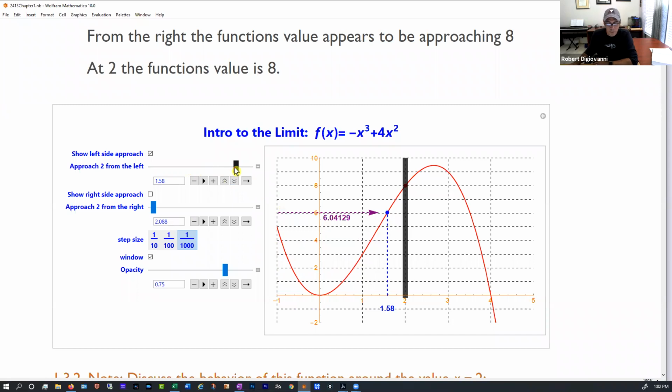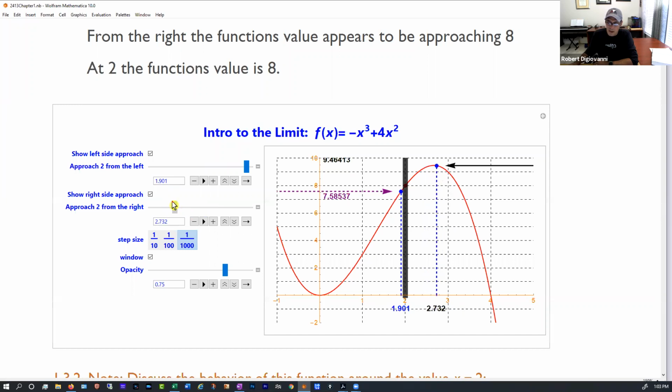And we're going to be looking at what these y values are doing as these x values get closer to 2. So from the left side, we saw last class that those y values seem like they were approaching 8, which happens to be the value of the function at 2. But again, we don't care about that. It's what is it approaching? These numbers getting closer and closer to 8. And similarly, if we come in from the right-hand side and our x values start getting closer to 2, then again, the y values go up for a while.